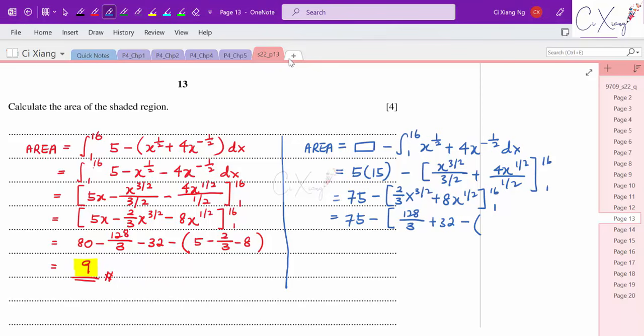Then minus, substitute 1, you have 2 over 3 plus 8. So if you simplify, the final answer should be equal to 9 as well. So both methods are correct, and let's see which method you can understand better. Okay, so this is how we answer question number 8.